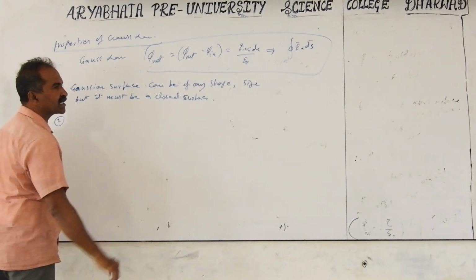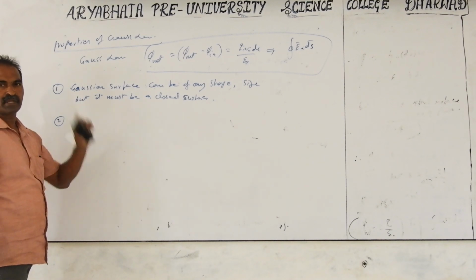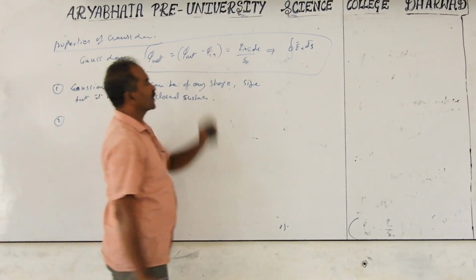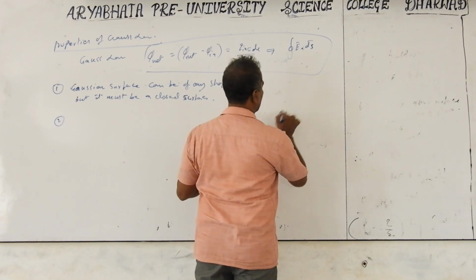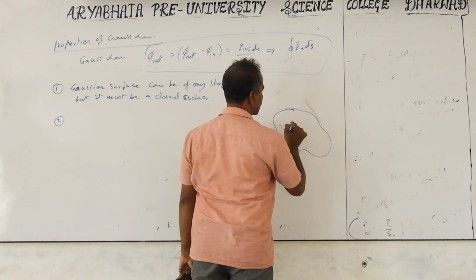Charge can be anywhere inside the Gaussian surface. It can be at the center, it can be at the side, same application. This is the regular surface.